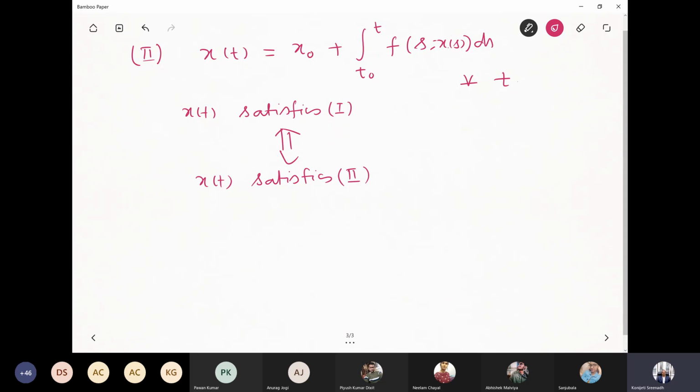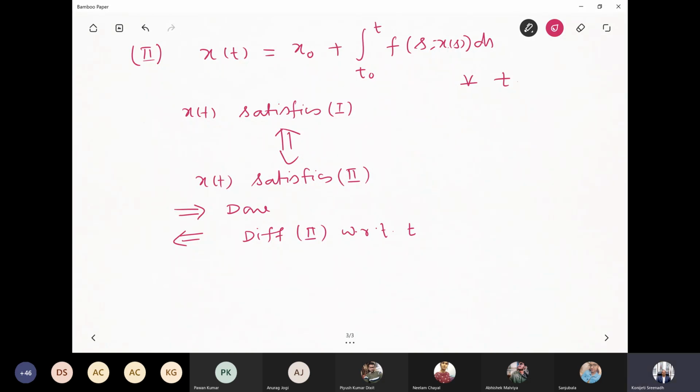On the second side, just take 2 and differentiate. Use the fundamental theorem. So the reverse side: differentiate 2.